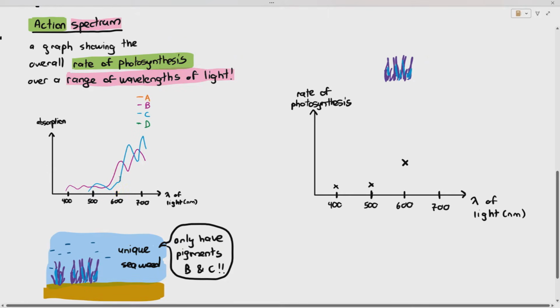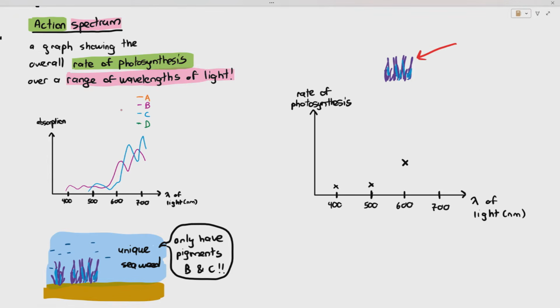But when you give 700 nanometers of light in this case, there will be more absorption. Pigments B and C are fantastic at absorbing that particular wavelength of light, as you can see in the absorption spectrum graph. So what will happen to the rate of photosynthesis? You bet. The rate of photosynthesis in this case, in the action spectrum, will be quite high.